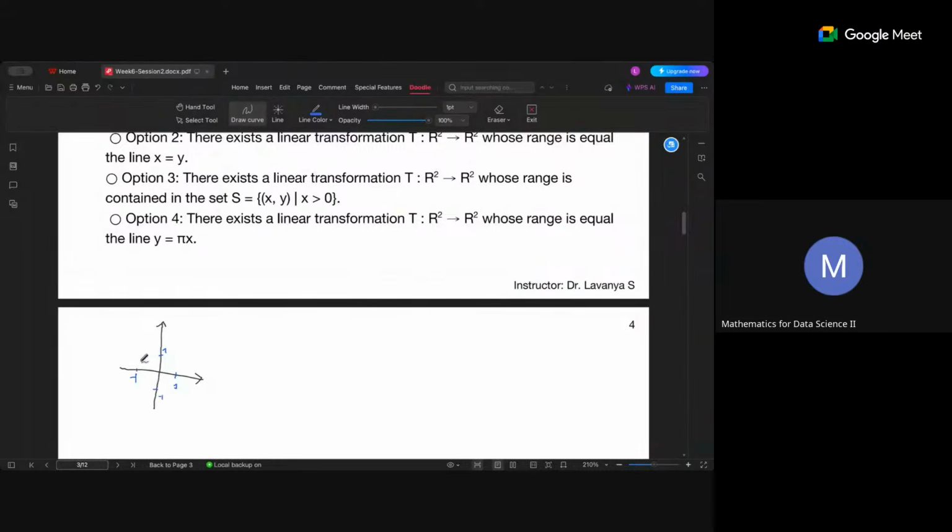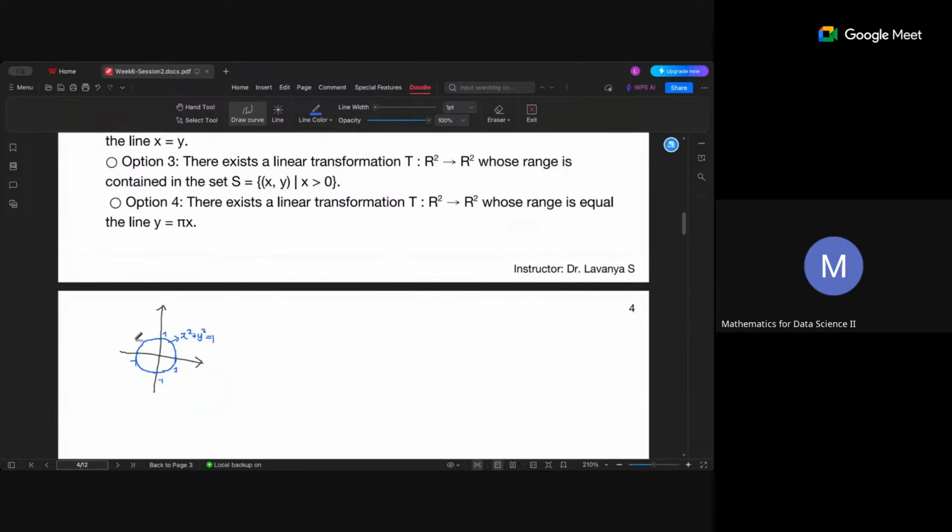I'm not very good at drawing figures. This represents x squared plus y squared equal to 1. Only this boundary, not the things inside, just this outer circle.